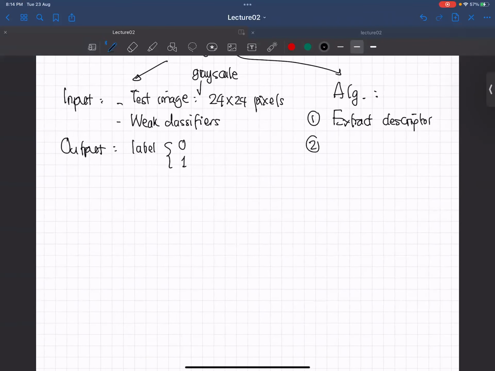And what will be the second step? Yes, use the strong classifier to predict the label.